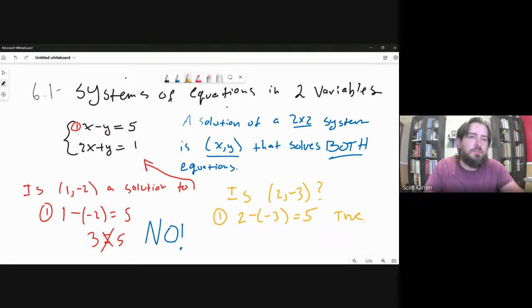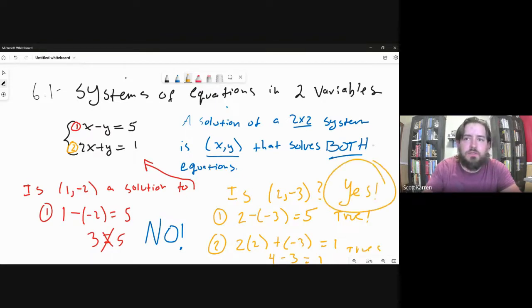But I have to check both of them, so I'm going to check equation 2. 2 times x, but x is 2, plus y, which is -3, should equal 1. 2 times 2 is 4, plus -3 is 1. That's true as well. So the answer is yes, it is a solution.